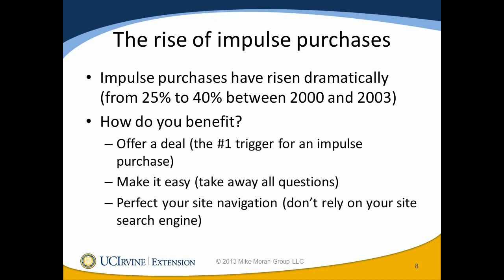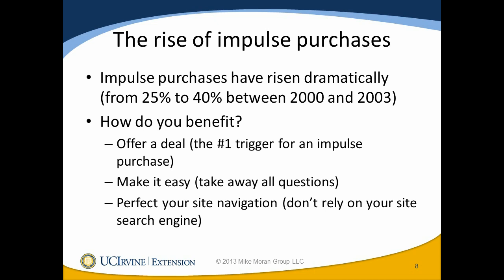But it's some kind of call to action that causes people to want to do it now. The other thing you want to do is to make it easy. So, as we talked earlier, your content and your site experience have a great deal to do with what your ability is to persuade people to buy online.